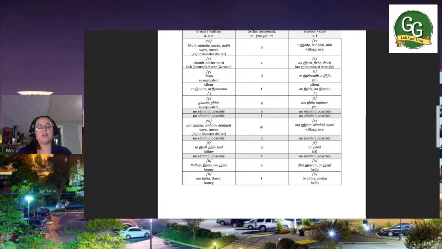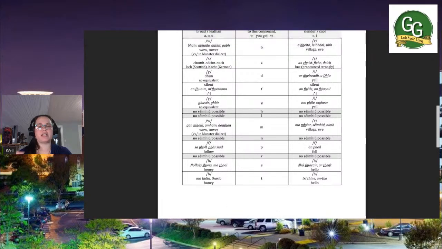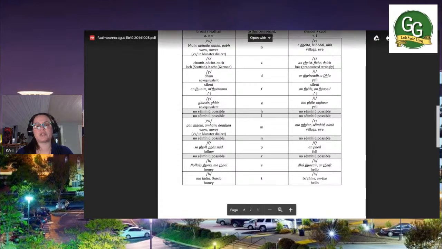So F becomes silent in both cases. When we're looking at F, it just makes it completely silent.